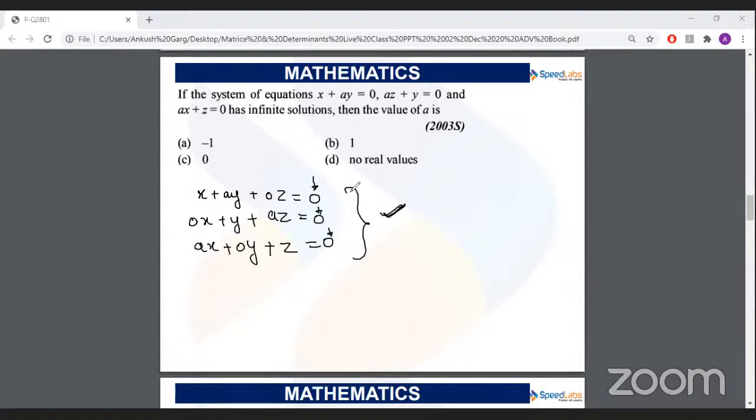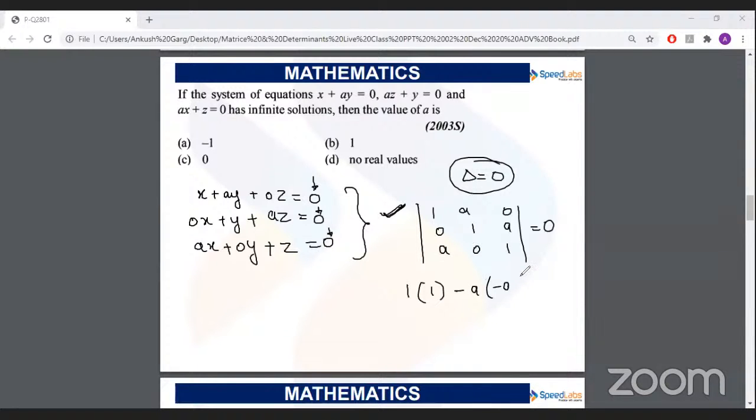So this will have delta equal to 0. Okay. So again, delta, that will be the determinant 1 a 0, 0 1 a, a 0 1. This should be equal to 0. So directly let's expand. So there should be 1 into 1 minus 0, and then minus a into 0 minus a squared, plus 0 into 0, that's equal to 0.